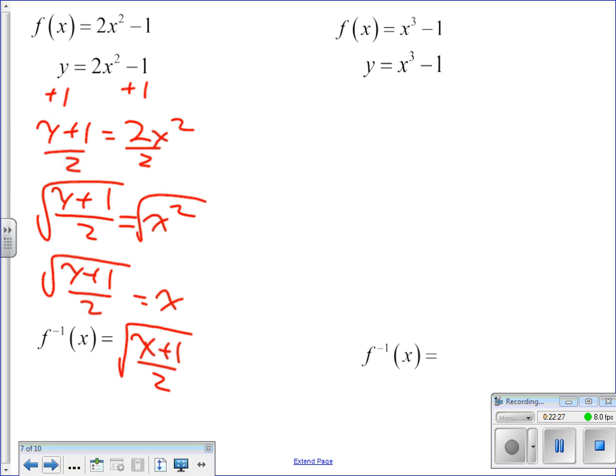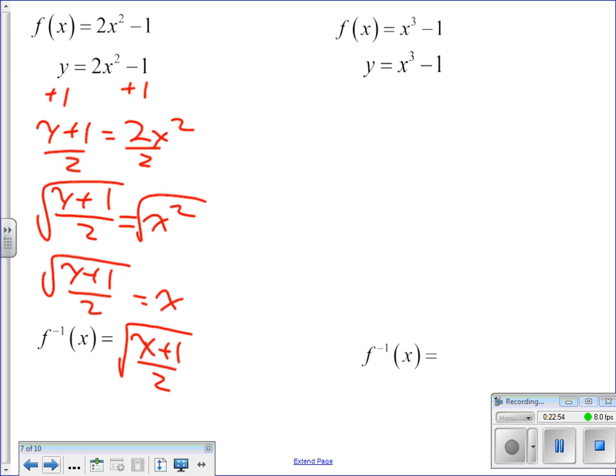Now, with squares and square roots, you have to be careful. It's tricky because their inverses don't always work correctly, and squares is one of the ones where they don't work correctly. Let's say I put in -1. My original one is 2x squared minus 1. -1 squared is 1 times 2, minus 1 is 1, right?